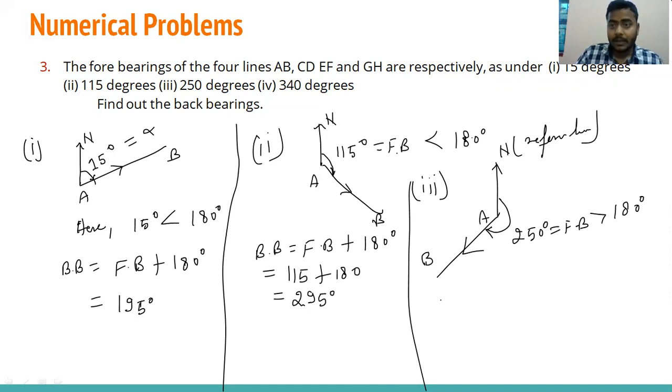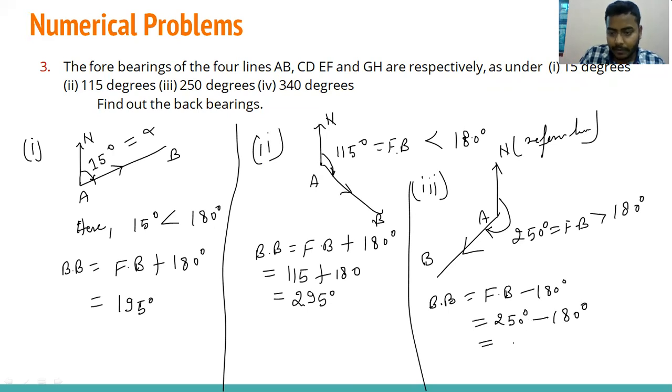So we can apply the formula with the negative sign, the minus sign. Back bearing is equal to fore bearing minus 180 degrees, not plus. So 250 degrees minus 180 degrees, what will come? 70 degrees. Right.